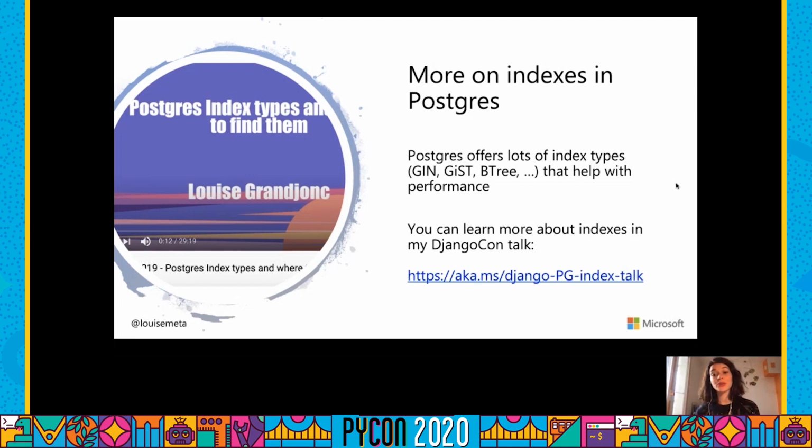I also go into the options that you can get. If you're curious about partial indexes, I talk a little bit about that, and about multi-column indexes, unique indexes, etc. Here is the link to the YouTube video of the talk.